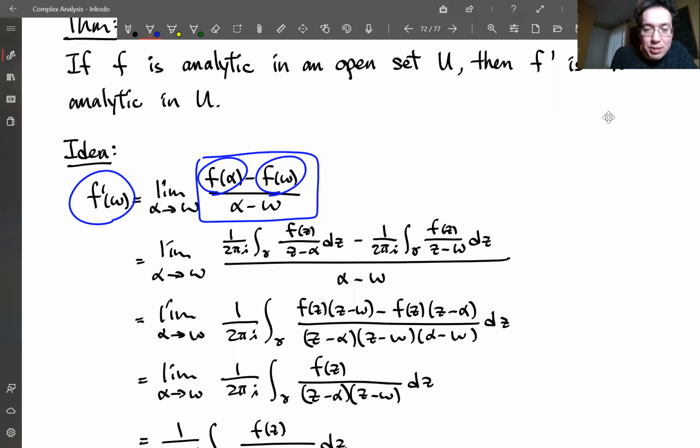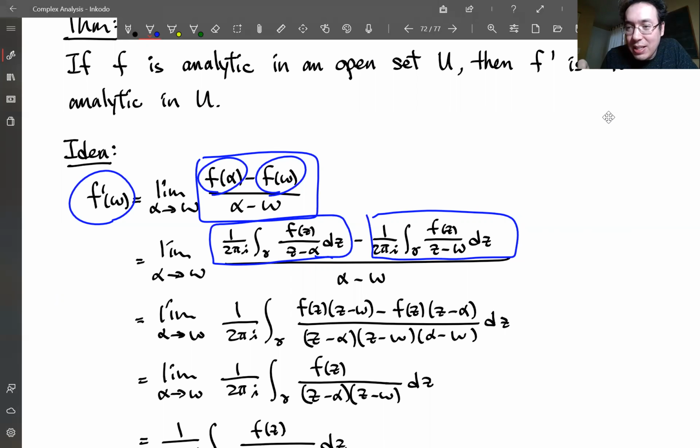So here's what we get. The first one we're using alpha as our w, and the second f of w is taking the place of w in the formula. And then everything is divided by alpha minus w.